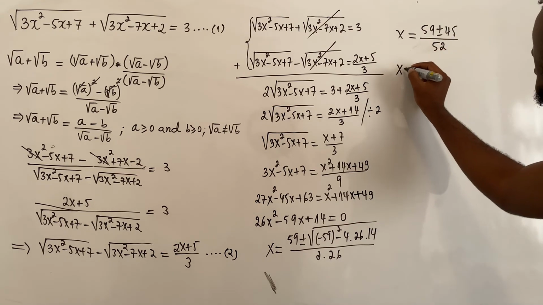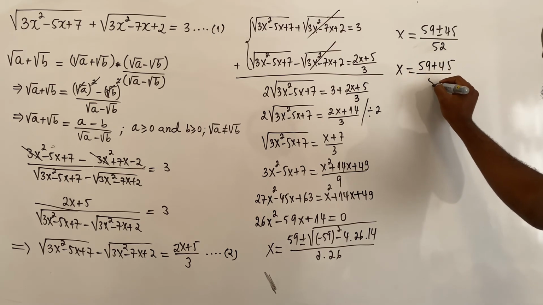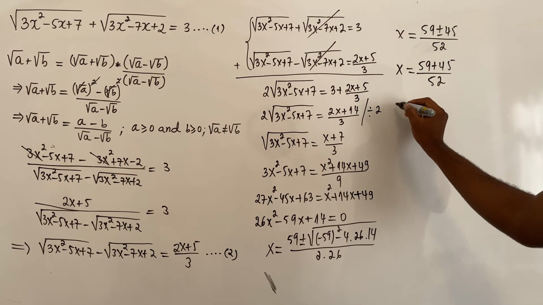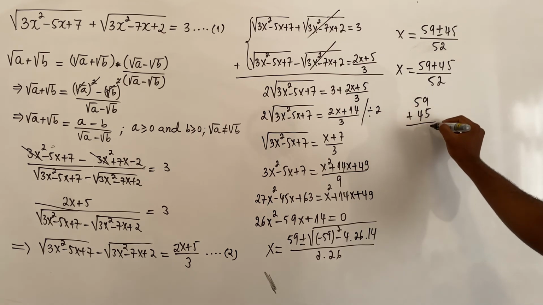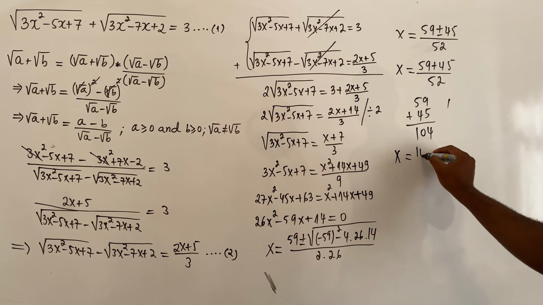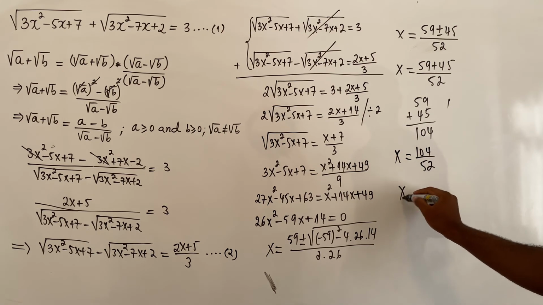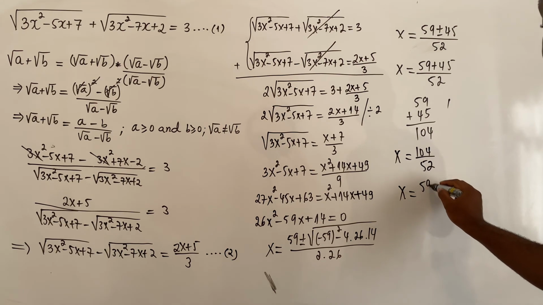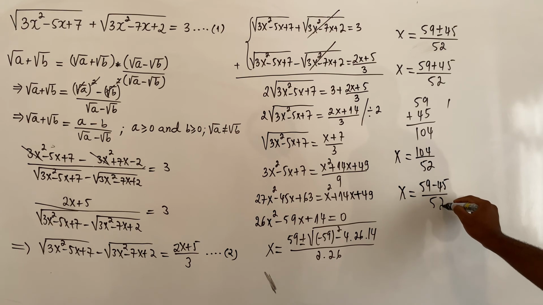So we know that x will be equal to 59 plus 45 over 52. So we can just make a quick calculation here. This is 104, so x is going to be 104 over 52, and the other x is going to be 59 minus 45 over 52.